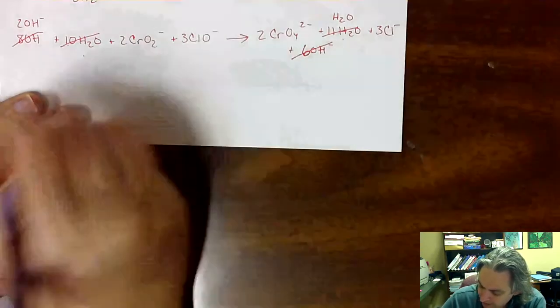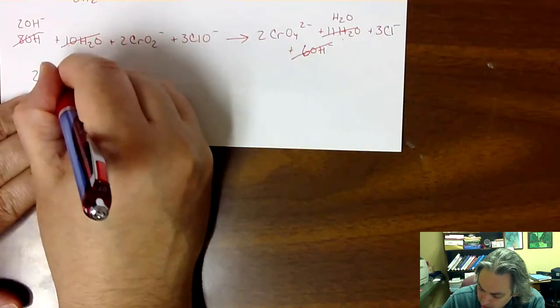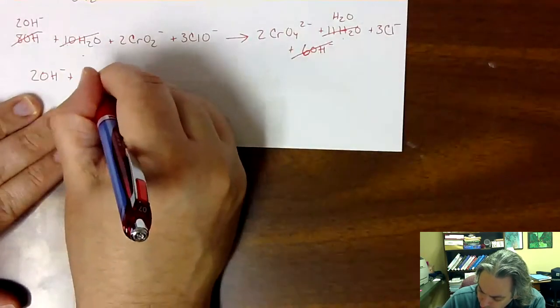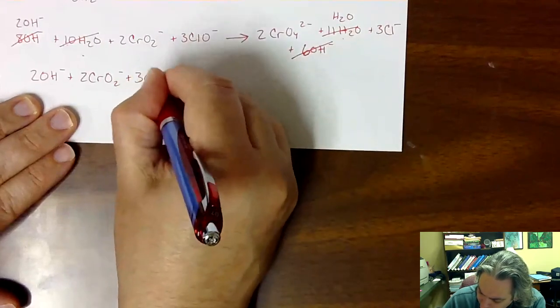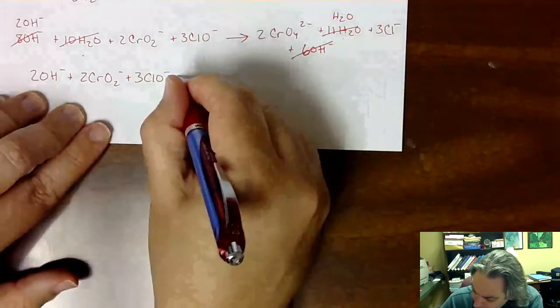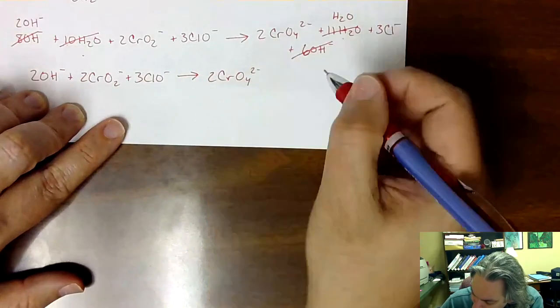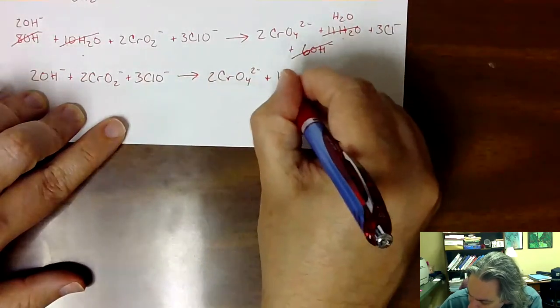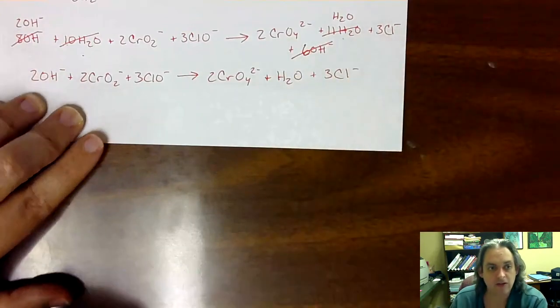And then everything is left alone. So what we're left with is 2 OH minus plus 2 CrO2 minus plus 3 ClO minus goes to 2 CrO4 2 minus plus a water plus 3 chlorides.